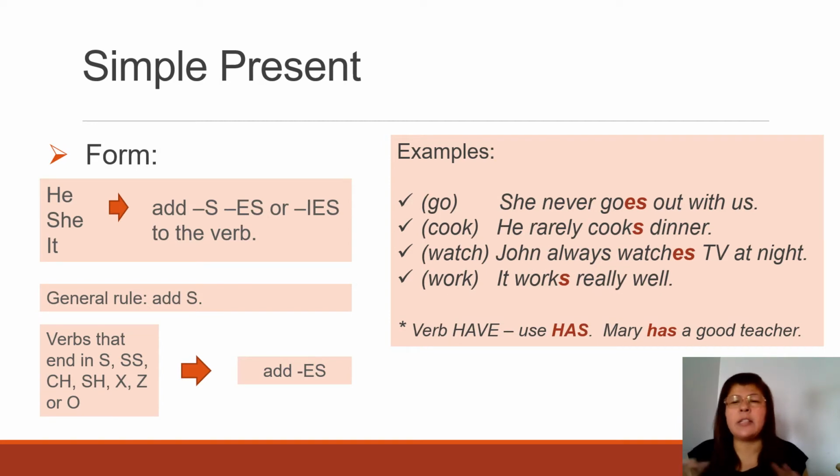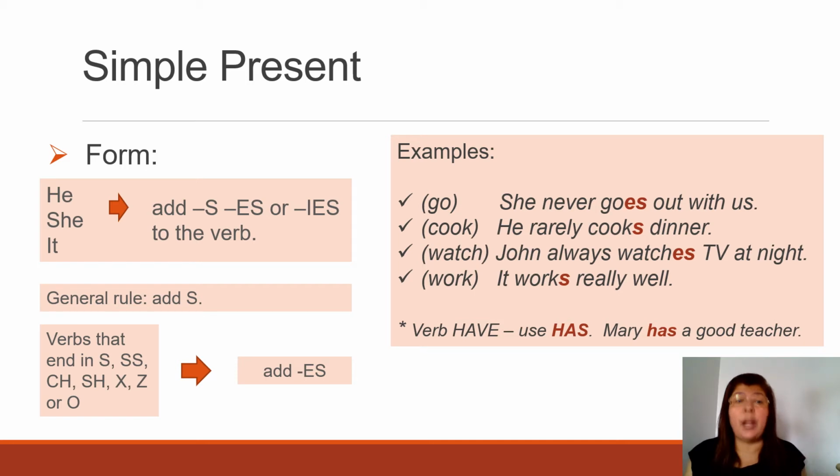Okay, guys, let's continue talking about the form of the simple present. Now, you're going to see the third person singular. That's he, she, or it. In this case, you have to add s, es, or ies to the verb form. Okay? But how do I know when I have to add s, es, or ies?